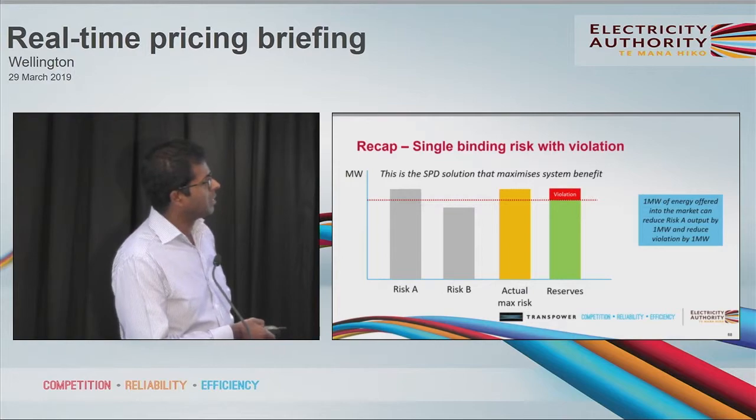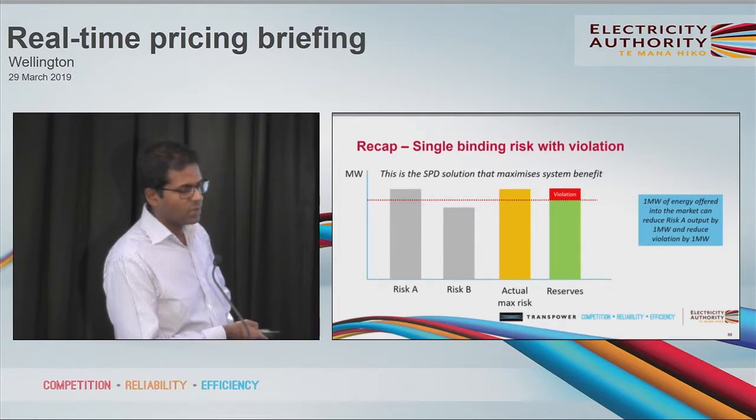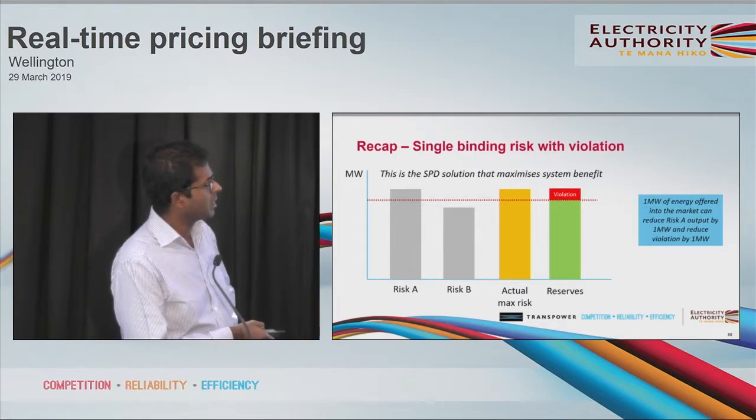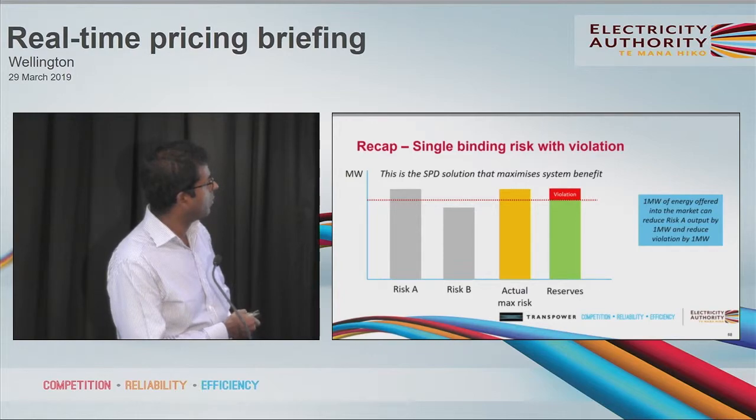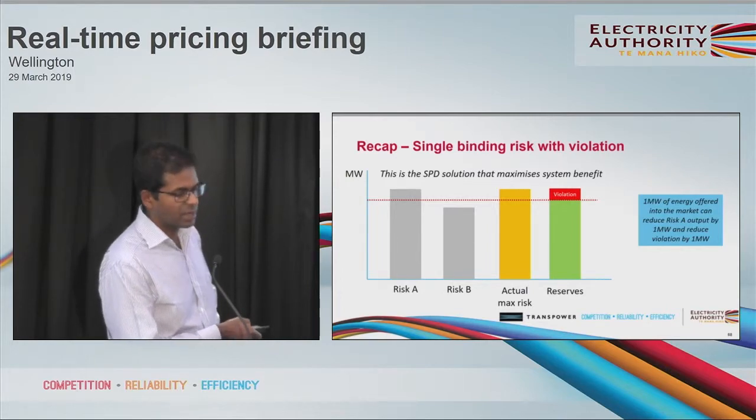So what actually happens here? If you take our analogy of what 1 megawatt of energy is worth in the market, if you give me 1 megawatt of energy in the market, I can take that 1 megawatt and reduce risk A by 1 megawatt. So my 1 megawatt of energy is worth the reserve CVP, because I can reduce the violation by 1 megawatt.